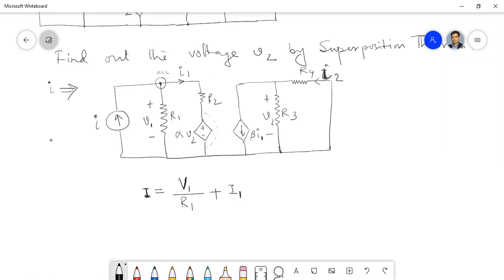The second equation, you can use KVL in this loop. So this we are getting from KCL. Next, KVL in that loop, if I apply, what will you get? Quickly you tell me. The loop that I have shown, in that you have to apply KVL. বলো তাড়াতাড়ি কি পাবো?